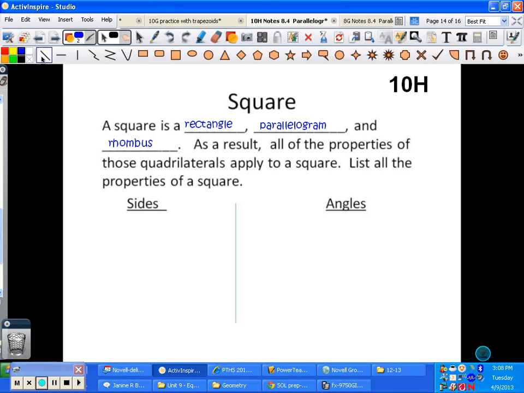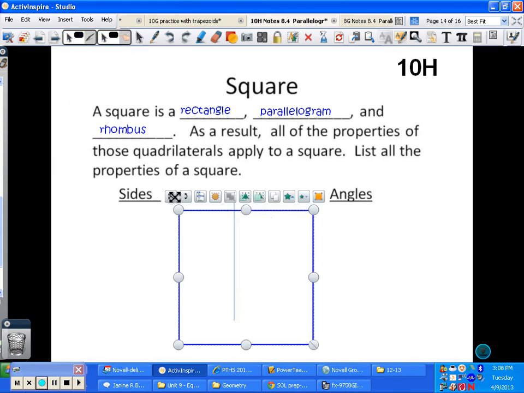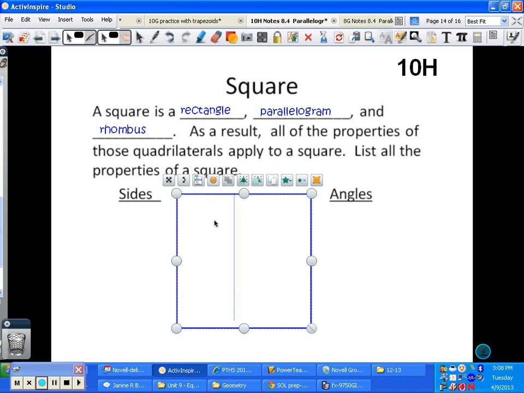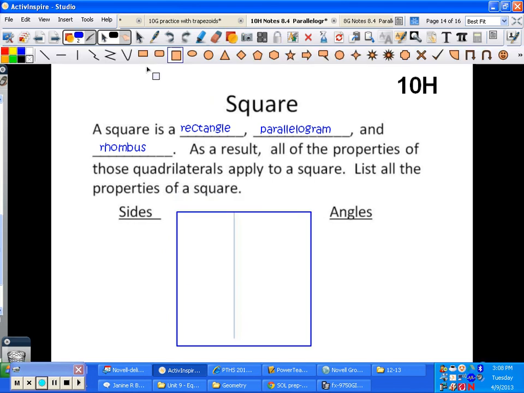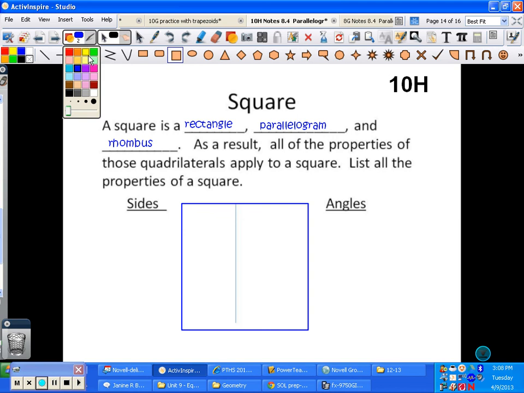What I want to do is show you what it looks like when we label the square itself, just so you can see all of the different things that we're able to say about a square. So there's the square. And then what I'd like you to see is we'll go ahead and label each part. So we know, for example, that all the sides are the same. That's something we know.